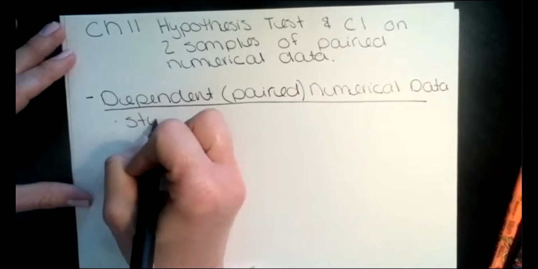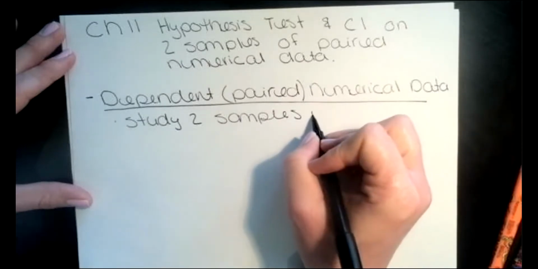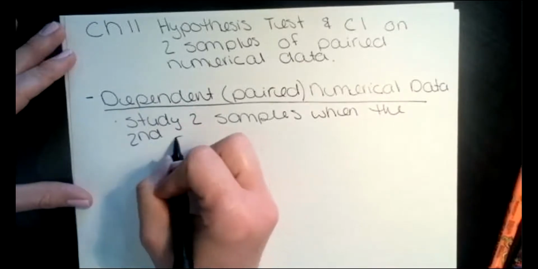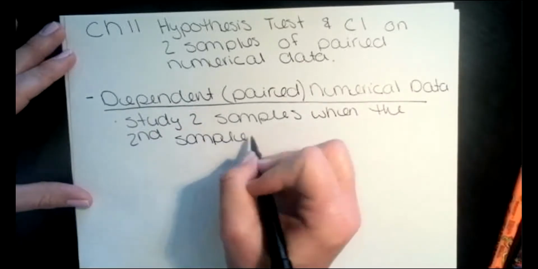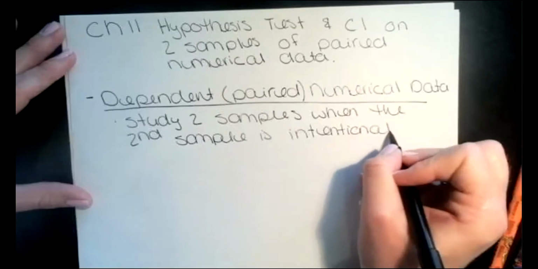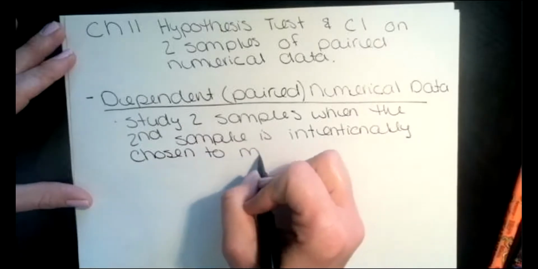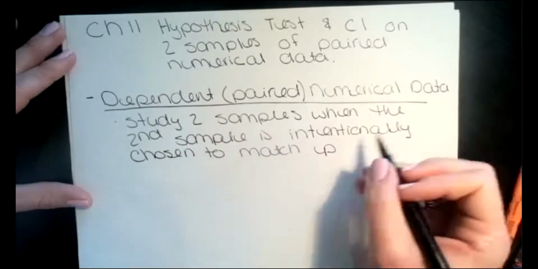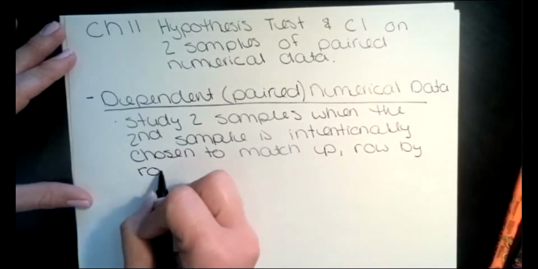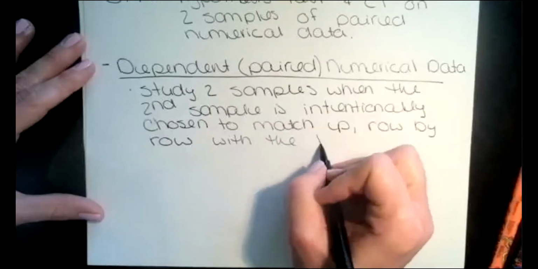This is where we're going to study two samples, when the second sample is intentionally chosen to match up row by row with the first sample.